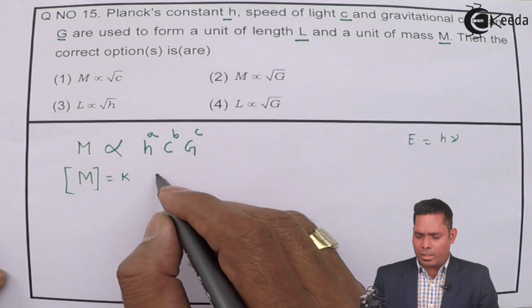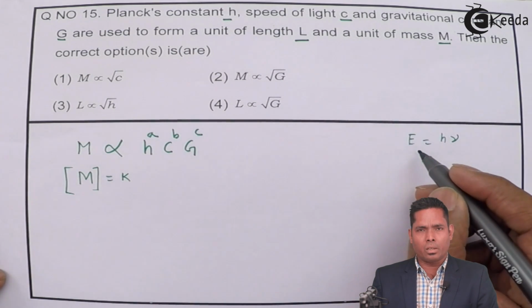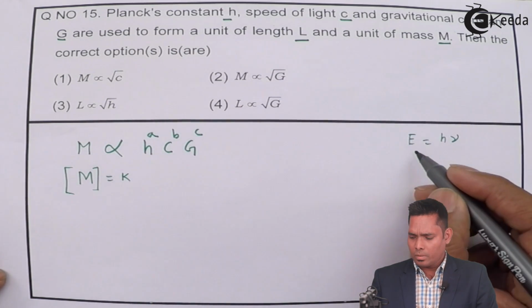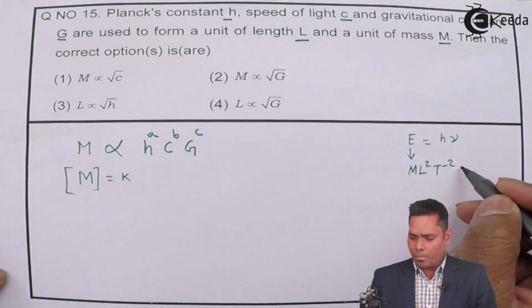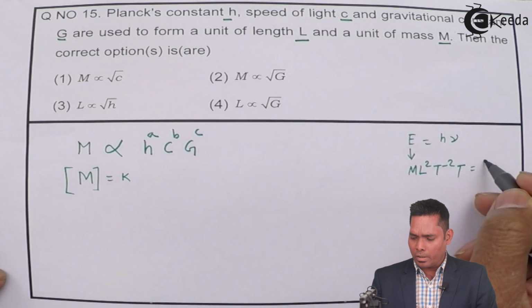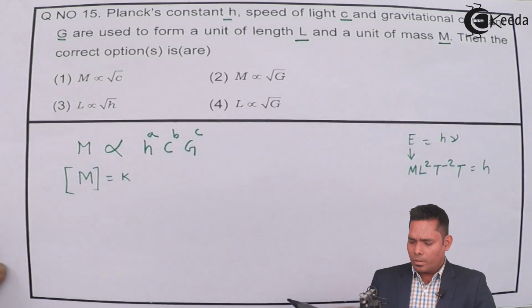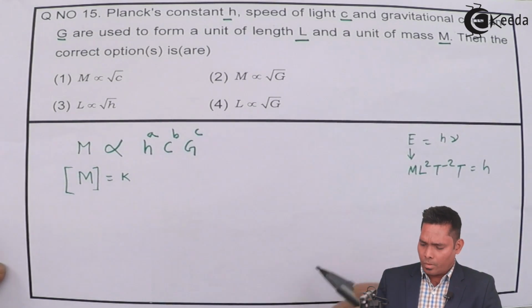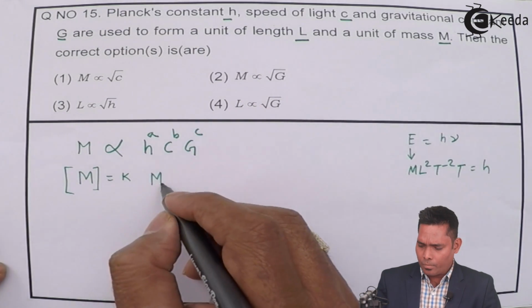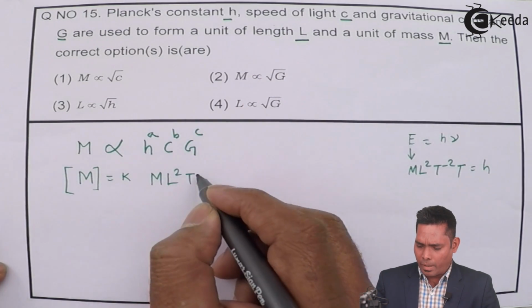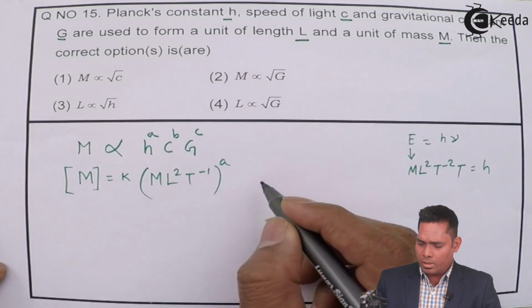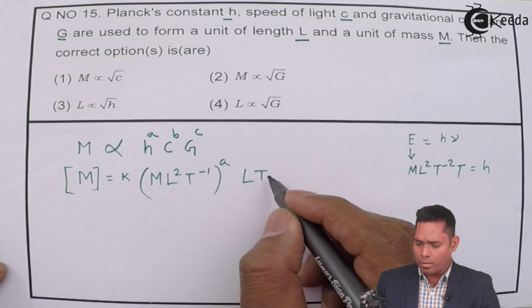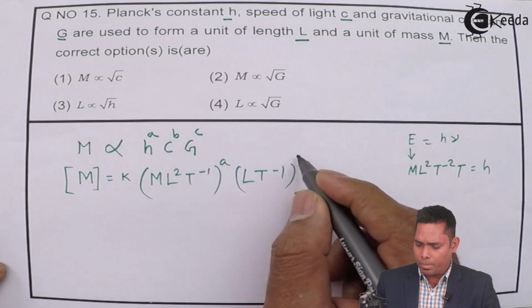Energy is M L square T minus 2, multiplied by T, so M L square T minus 1 is the dimension of h. So there is M L square T minus 1 to the power of a. c is the speed of light, L T minus 1 to the power of b.